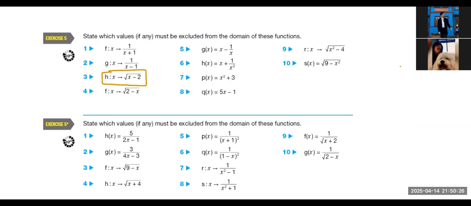X has to be greater than 2. Exactly. So what can x not be? Less than 2. Exactly. Not less than or equal to, only less than. X cannot be less than 2, okay? Good. So you understood the idea.